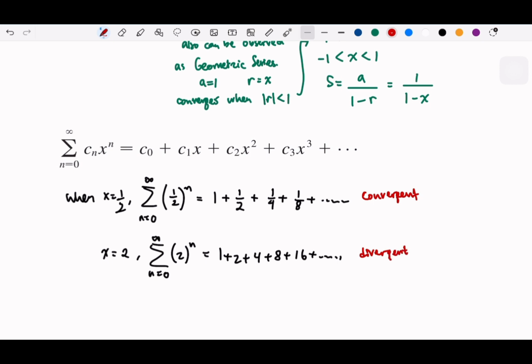Since different x results in different outcomes, for x between negative 1 and 1, it's going to converge. If x is greater than 1 or less than negative 1, it will diverge. So there is something that is going to be important in this x.